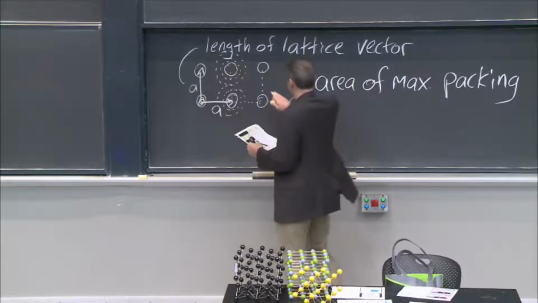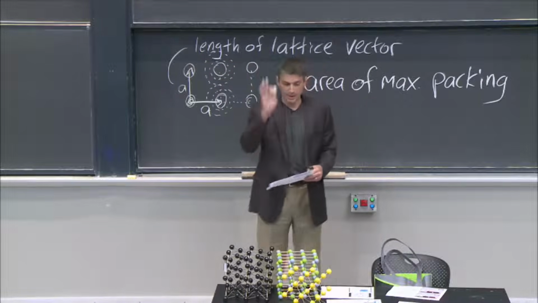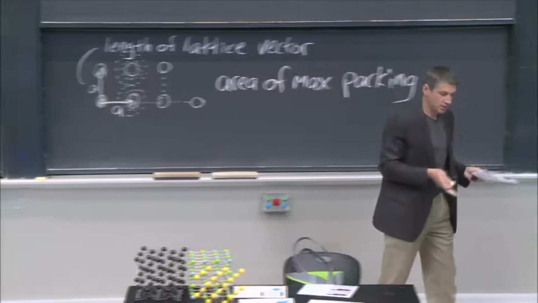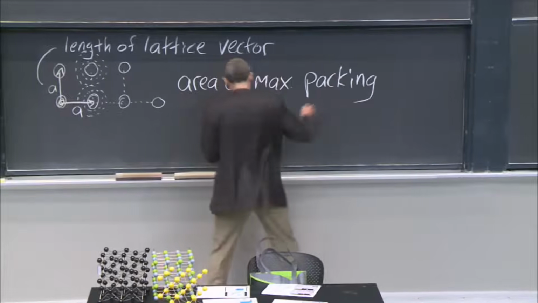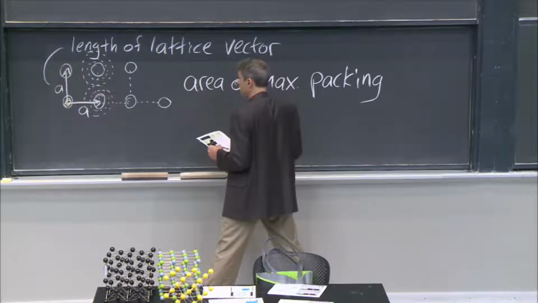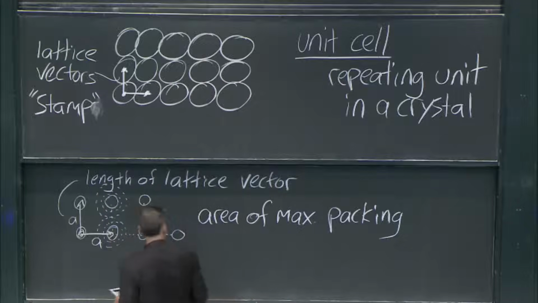If you stay with this square analogy, my lattice is a square, my stamp is a square, my sides are equivalent, and what I put there is a circle, then the area of maximum packing is something you can calculate, right?